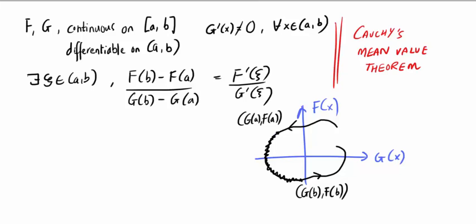If we join up these 2 points with a straight line, then the slope of the line is given by f of b minus f of a over g of b minus g of a, which is this quantity that we've got here.